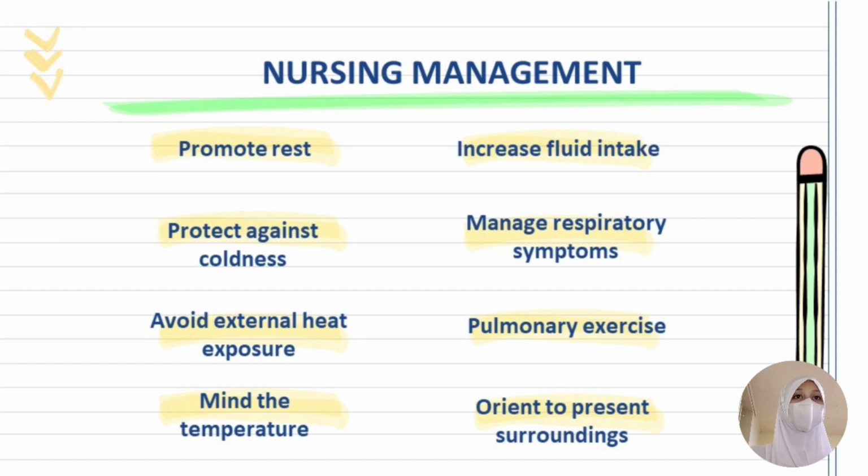So, we must provide an extra layer of clothing or extra blanket if meron. And then, avoid external heat exposure. So, dinidiscourage natin yung paggamit ng external heat source kasi magkakaroon tayo ng risk sa peripheral vasodilation and further loss sa body heat.